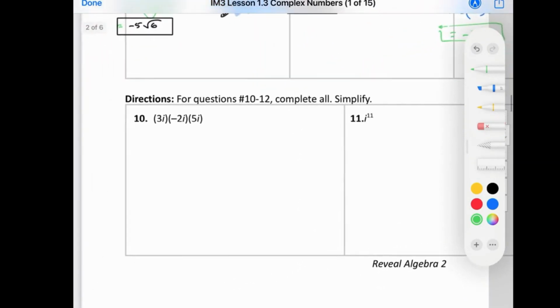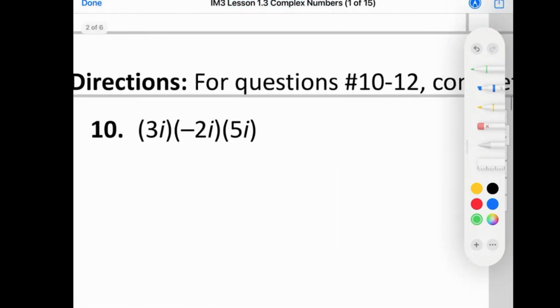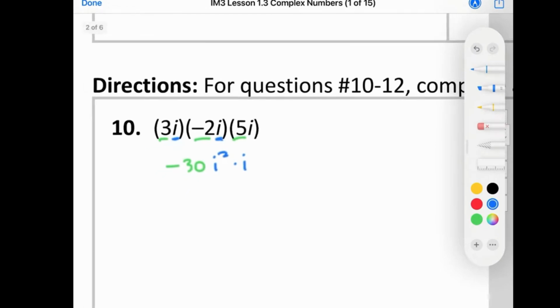Okay, let's go ahead and try number 10 here. You're going to do the same thing here. I'm going to multiply all the constants. So 3 times negative 2 is negative 6. That would be negative 30. Okay, pay attention. I'm only going to do this one here, and the reason why I chose that is because we learned above that i squared equals negative 1.